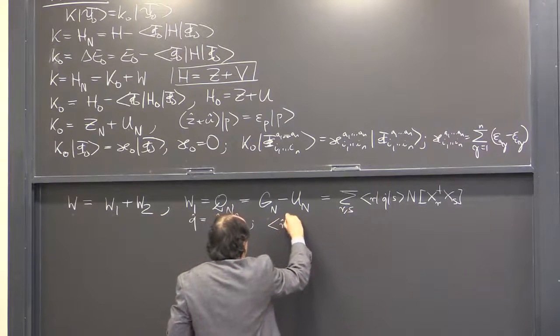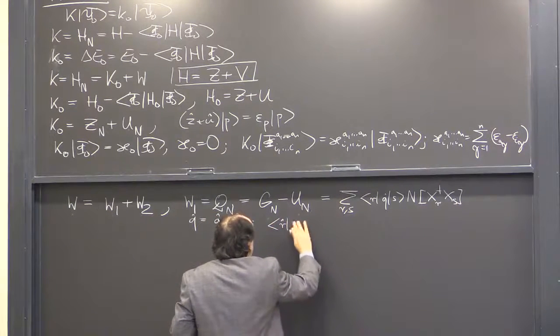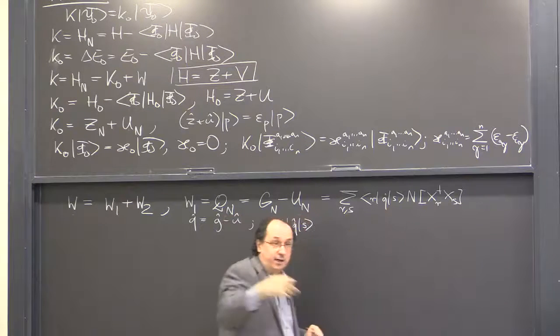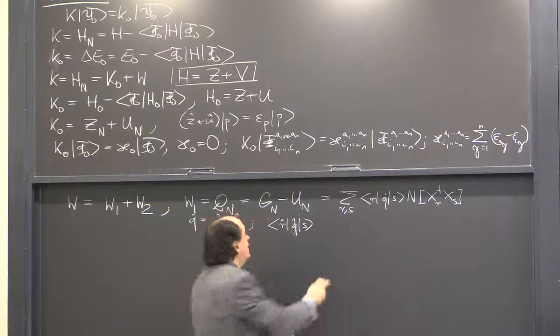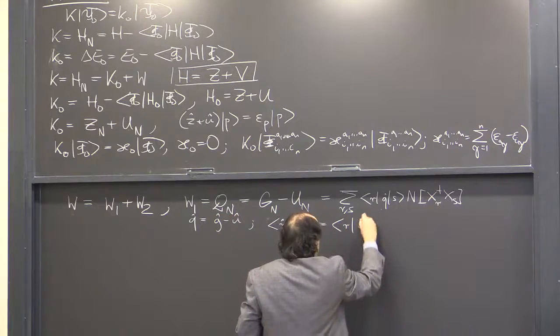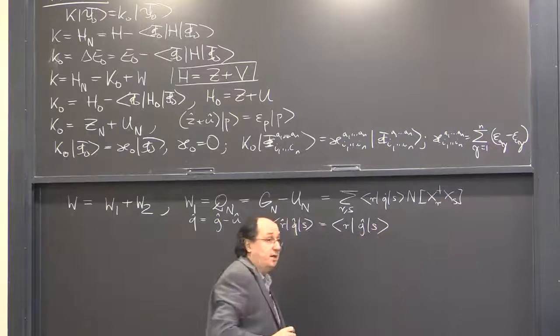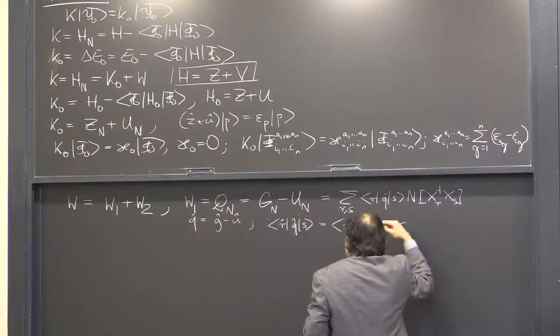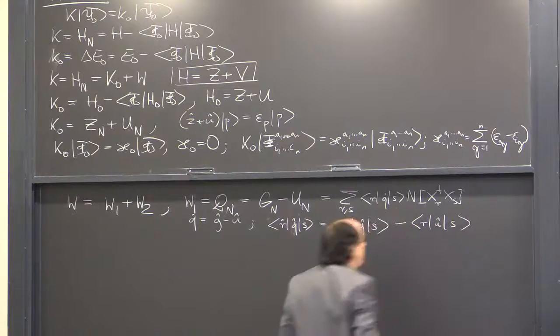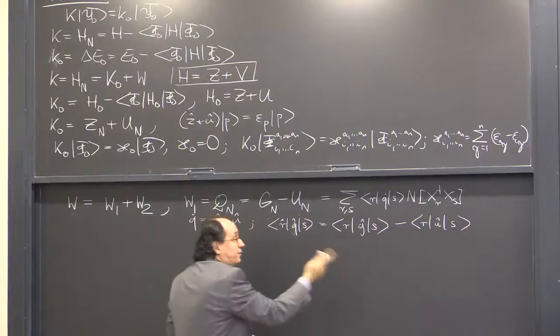So if I want to know the matrix elements of the Q operator that I need to define the one-body part of the perturbation, I have to simply subtract the matrix element of the U from the matrix element of the G. And we know how to calculate both.